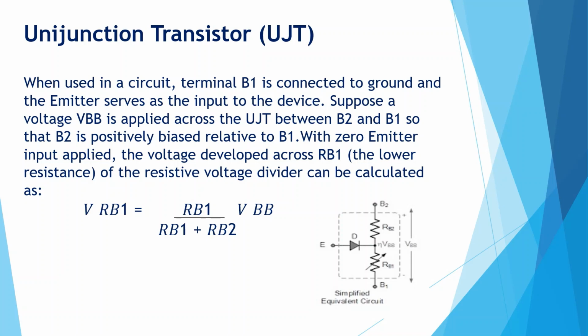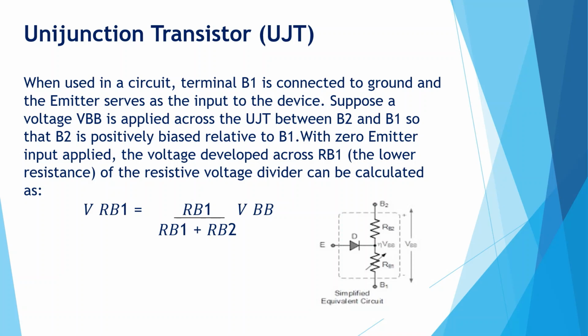When VE is equal to VP, that is, when it reaches the peak point, the circuit will be switched on. Current starts flowing through RB1 to ground, as base 1 is connected to ground. The UJT is then said to have turned on, and in general terms we say that we have fired the unijunction transistor.